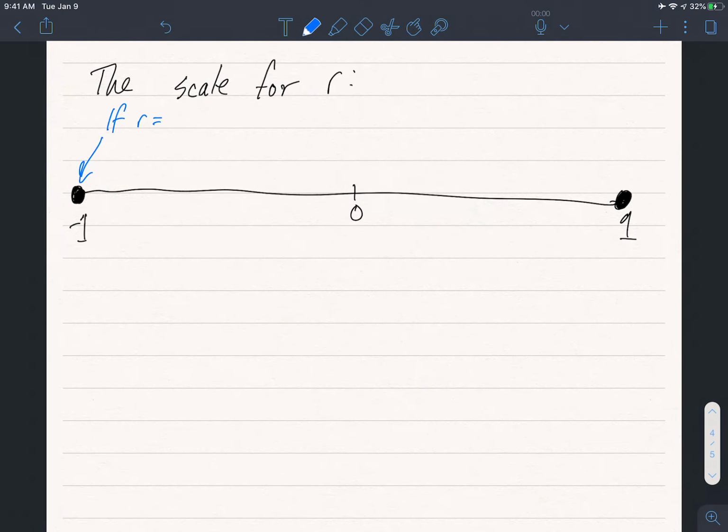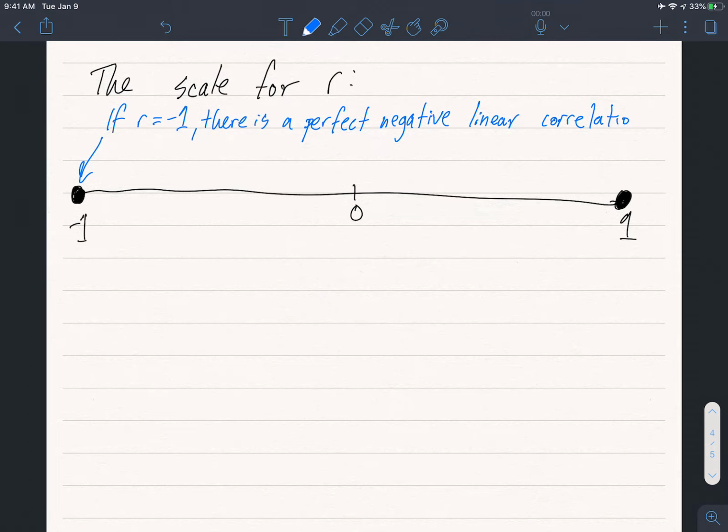If R equals -1, there is a perfect negative linear correlation.